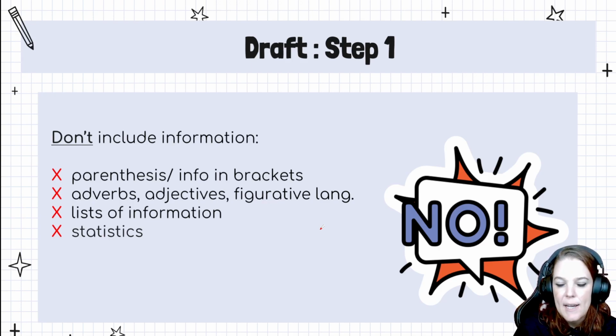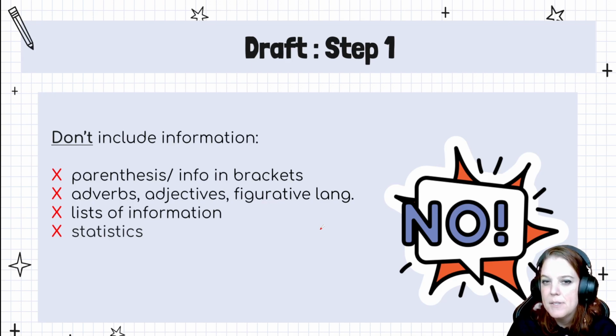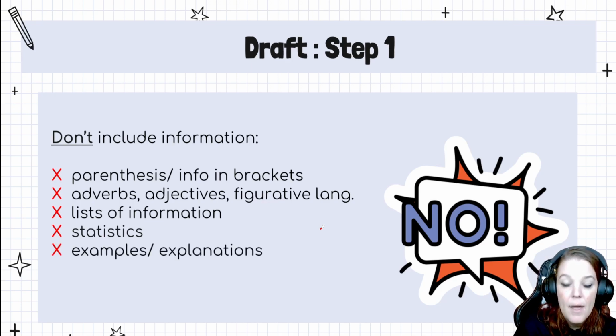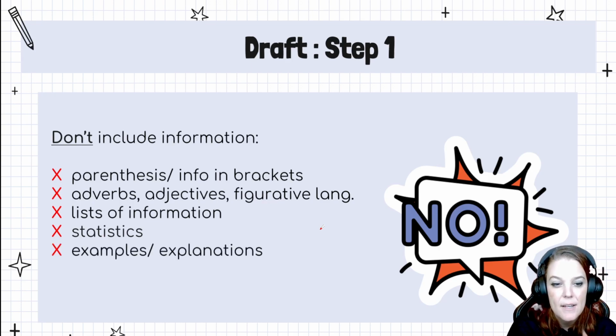You wouldn't usually add that you would improve your lifespan by 50%, but if it's that sort of statistic, it might be possible in our summaries. It really depends on what the summary is asking of you. It's debatable. And then we have examples or explanations that add way too much extra detail that we don't really need.